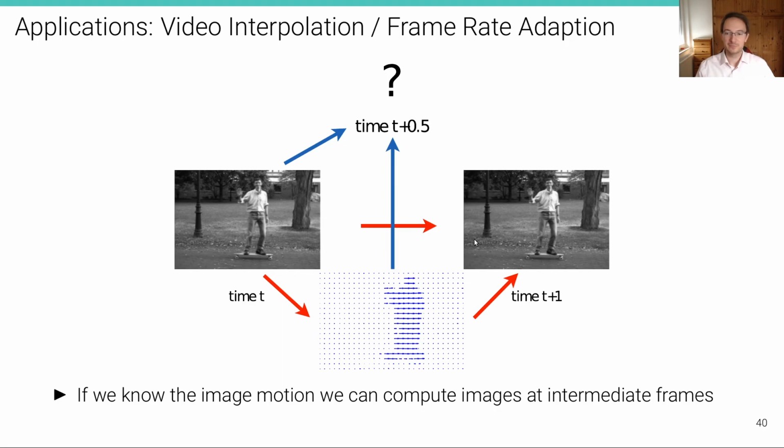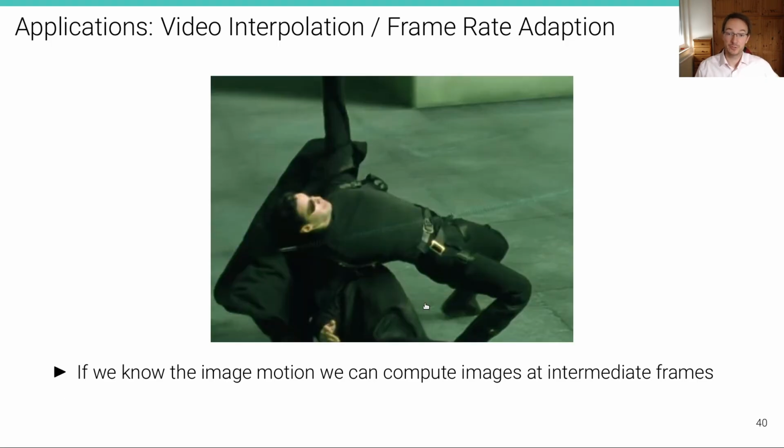If we know the relative motion by this flow field, then of course we can take the first frame and warp it only halfway, from time t not to time t plus 1, but to time t plus 0.5. So if from these two images we have estimated the flow, we can scale the flow vectors by 1/2, and then we can synthesize an artificial frame in between. And so we can create an artificial slow motion effect.